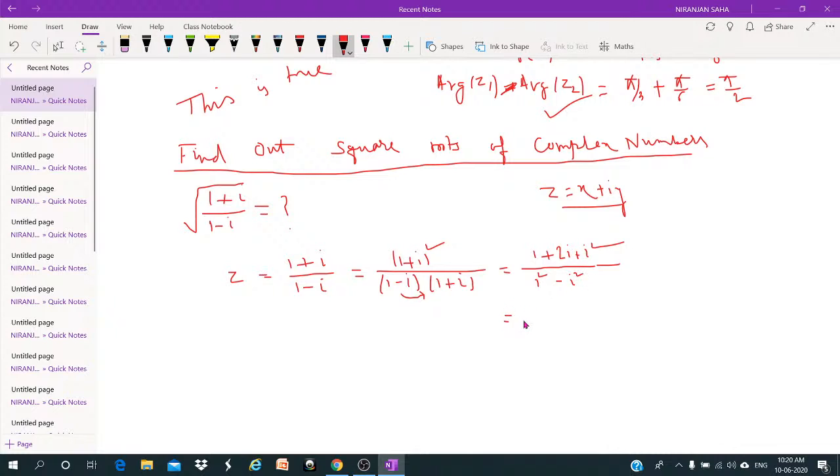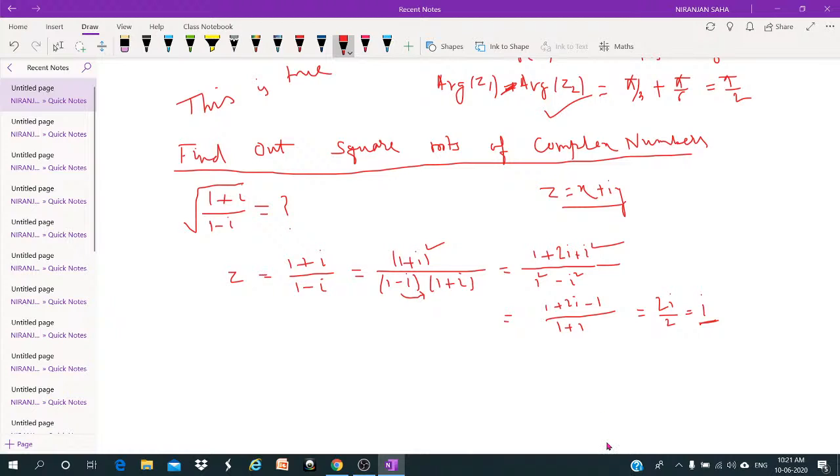In the numerator it will be 1 plus 2 iota minus 1, and the denominator is 1 plus 1. So we get 2 iota by 2, simply iota. So we have to find the square root of iota.